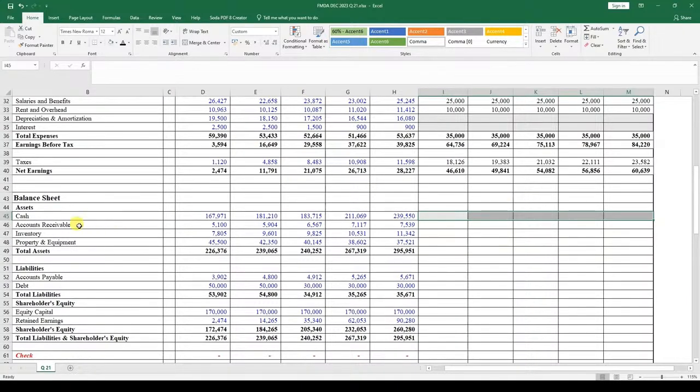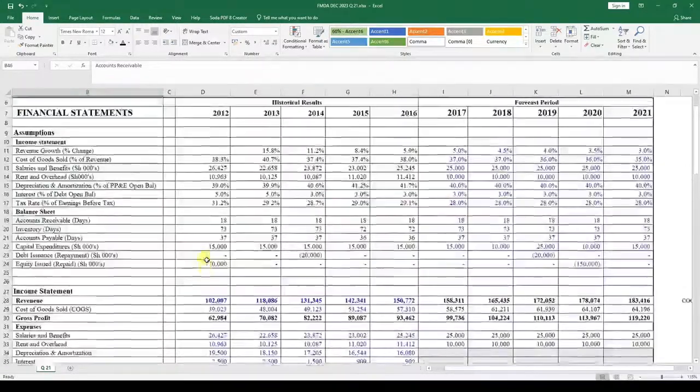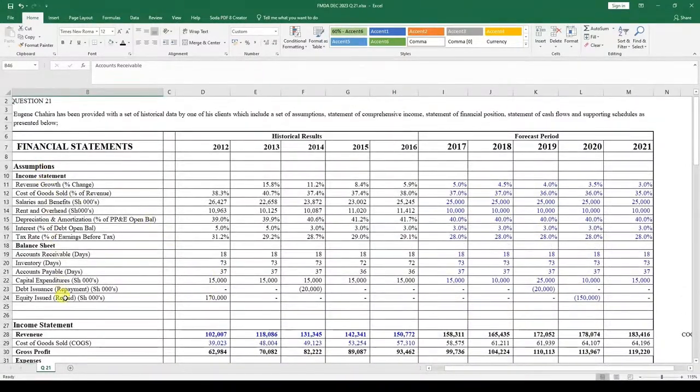How do we model accounts receivable? If we go back to the assumptions section right above here, you can see we've been given accounts receivable days. We've been given 18, and accounts receivable days is driven by revenue. So it is accounts receivable over revenue times 365.